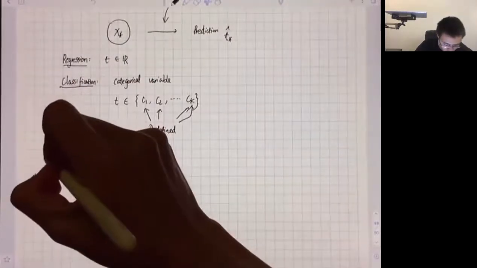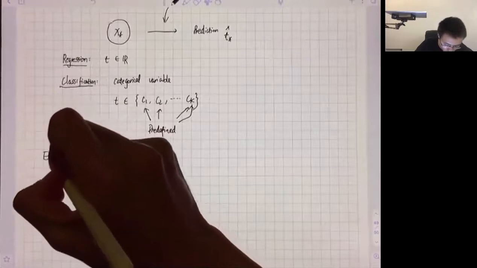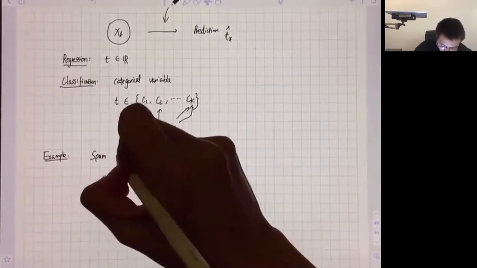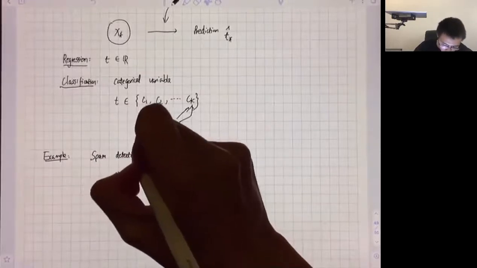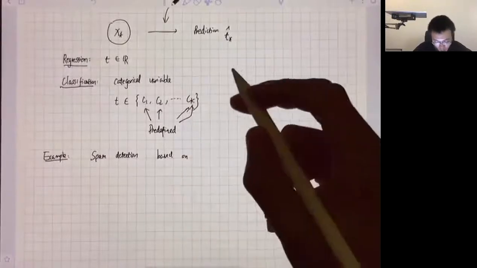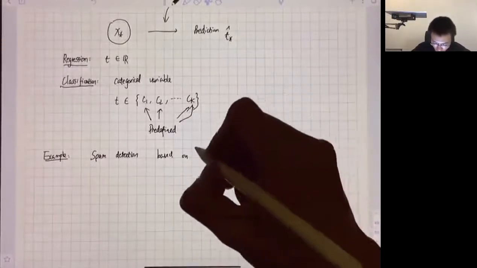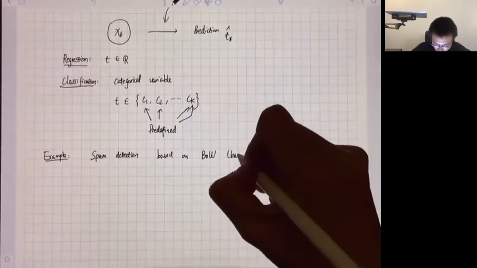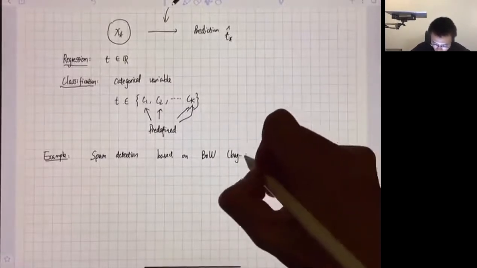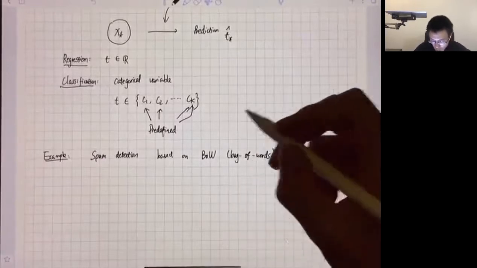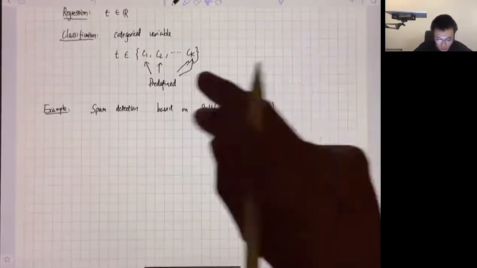So one example is spam detection, based on some features. I'm going to introduce one of the features, known as bag of words features, which is very commonly used in natural language processing as a standard baseline, and also in industrial applications, it works pretty well.